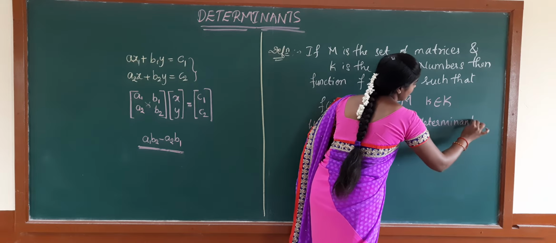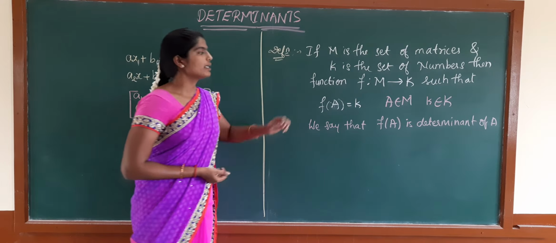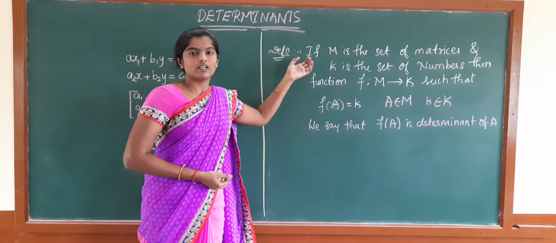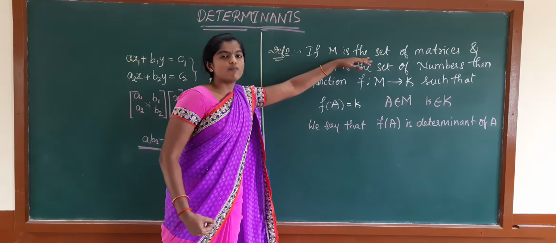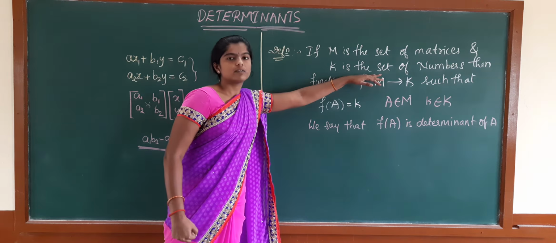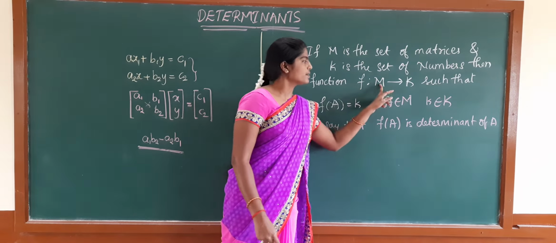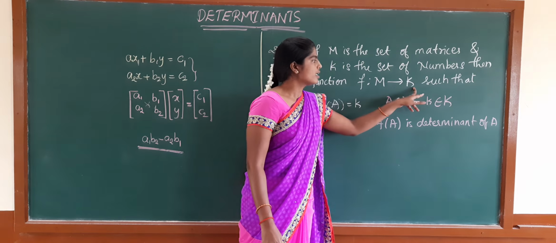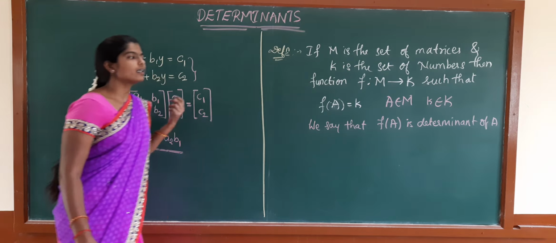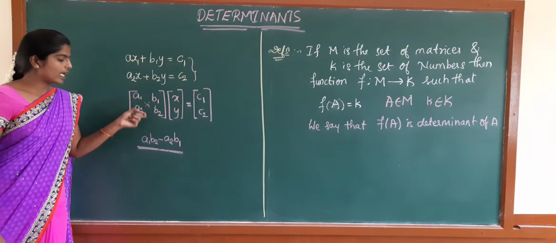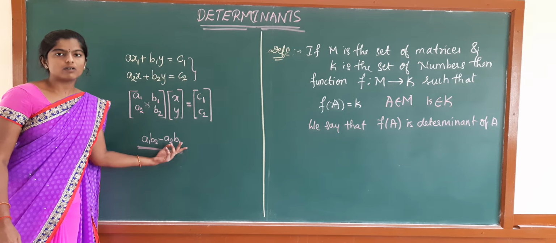So the determinant is a function, defined from the set of matrices to the set of numbers. We are defining a function from the set of matrices to a real number, or one number. We take the matrix, put it into that function, and we get a constant or some number.